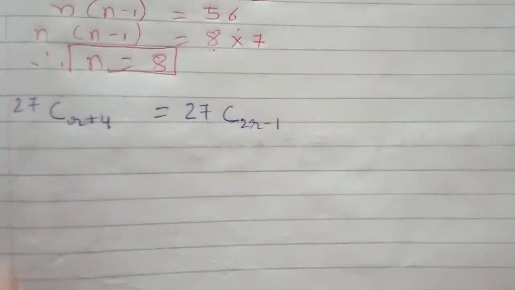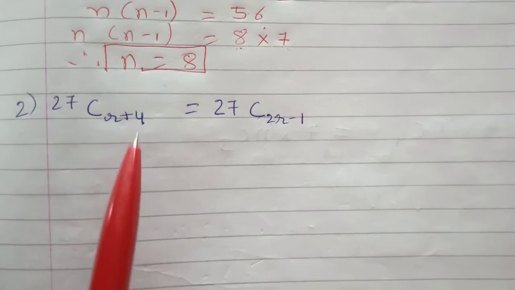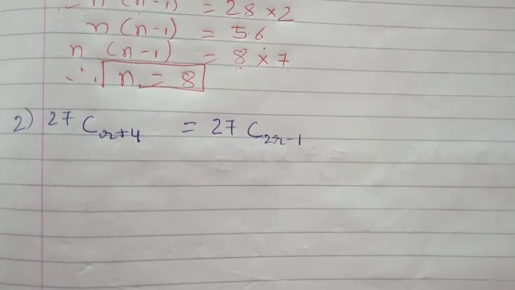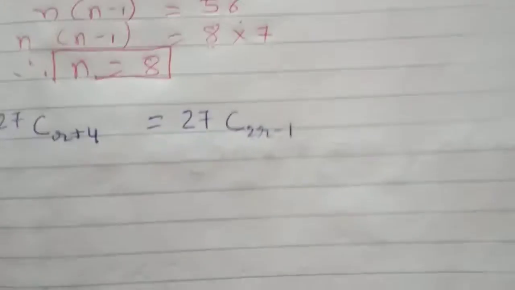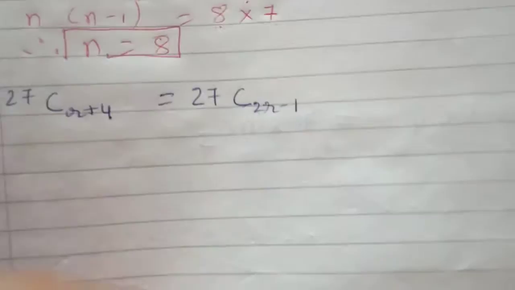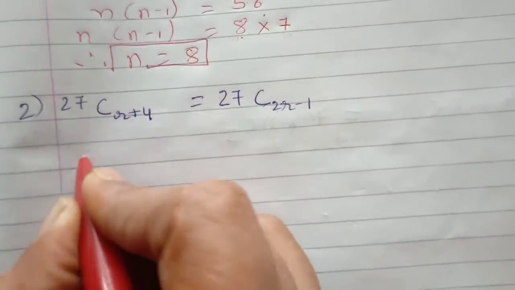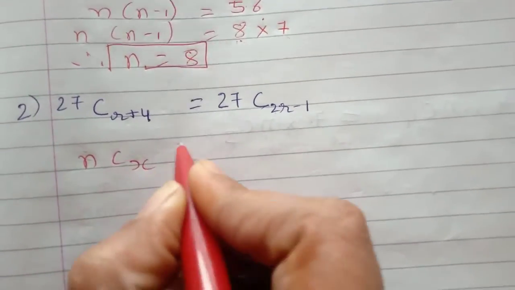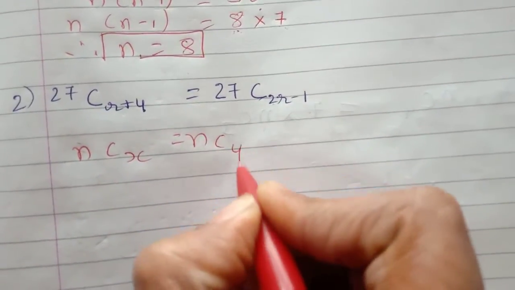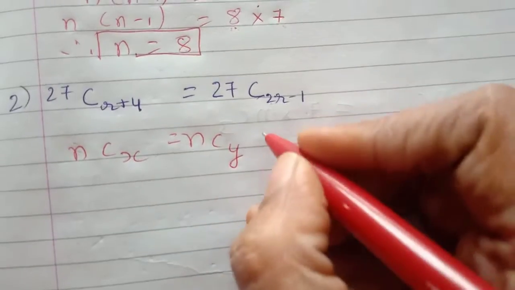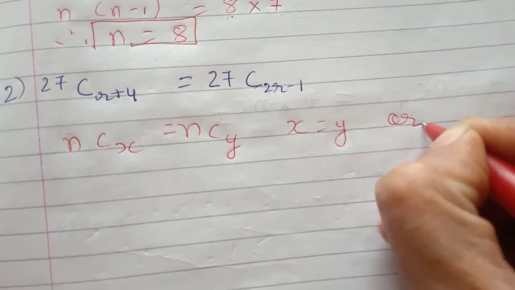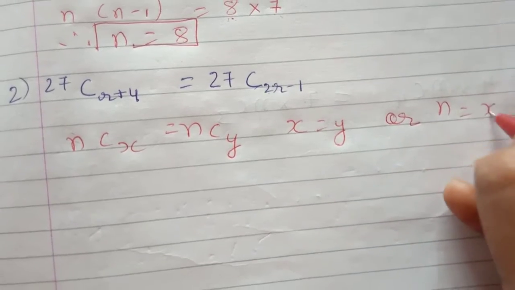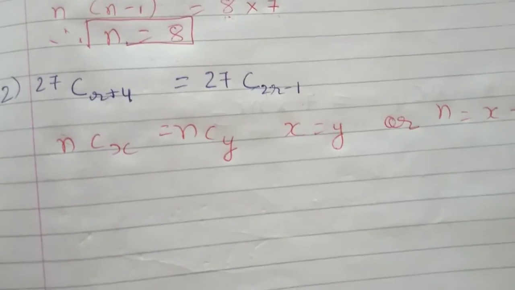Now next question, that is 27C(r plus 4) is equal to 27C(2r minus 1). Now according to the definition, we know that nCx is equal to nCy, that is x is equal to y, or n is equal to x plus y.